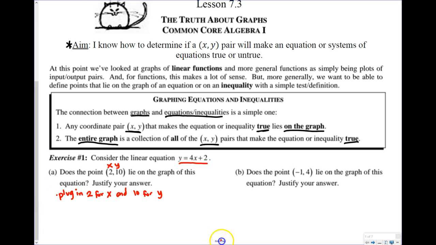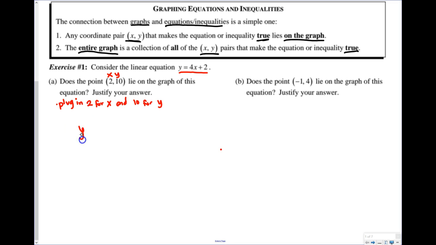So I'm going to rewrite my equation. y equals 4x plus 2, but instead of a y, I'm going to plug in a 10. And instead of an x, I'm going to plug in a 2. And now I'm going to see if it's true. Does 10 equal 4 times 2, which is 8, and is 8 plus 2 equal to 10? Yes.